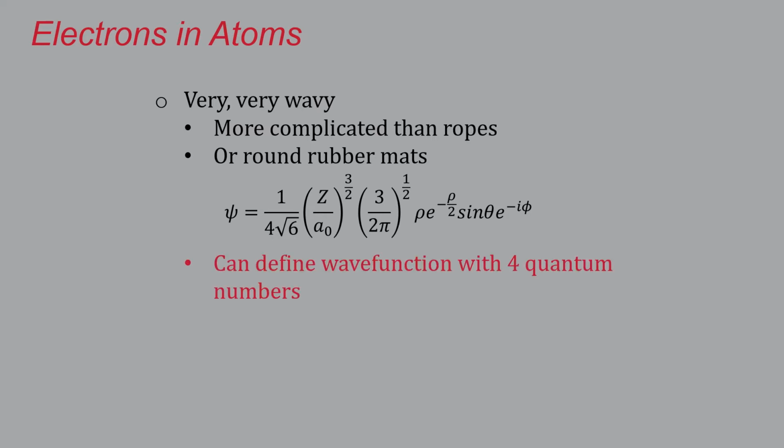What you do need to know is that these functions that can adequately describe the condition, state, motion, whatever you want to call it, of an electron in an atom need 4 quantum numbers to describe it. So not 1, not 2, but 4. And we have names for them. There is the aforementioned n, but this is a completely different n than the strings. There is L, and it's usually a script L, m sub L, and m sub S.